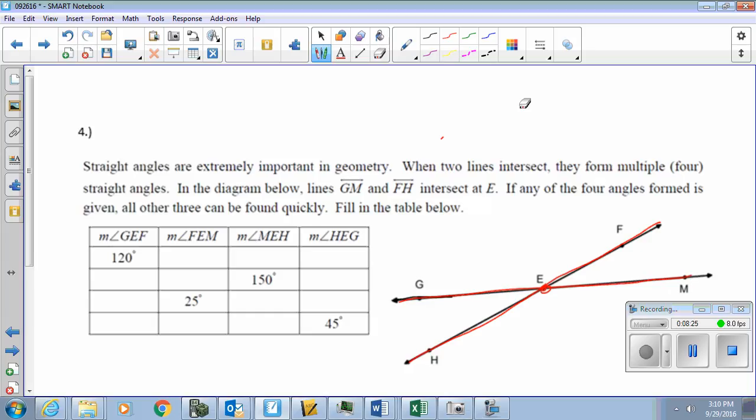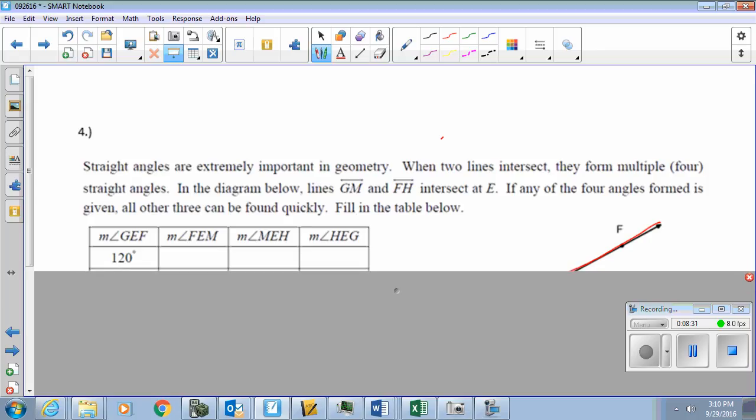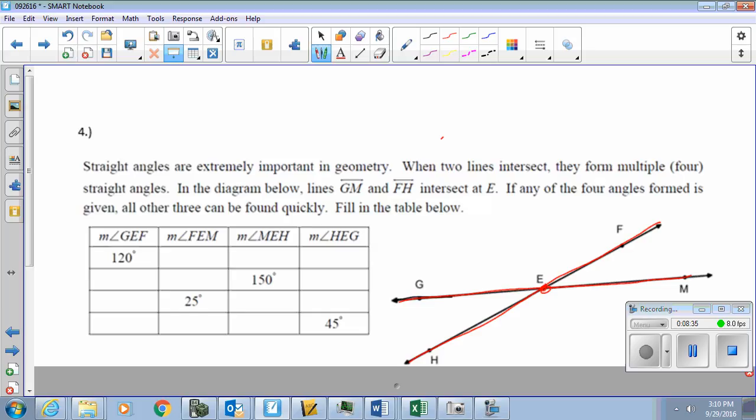Now, let's just say, and I'm going to cover it, let's just say you're given that angle GEF is 120. All right, so GEF is 120. That's this one. If it were 120, could I find the other ones? Could I find FEM? Could I find this one here? Well, think about what happens. What do these two angles make? That looks like a half circle to me.